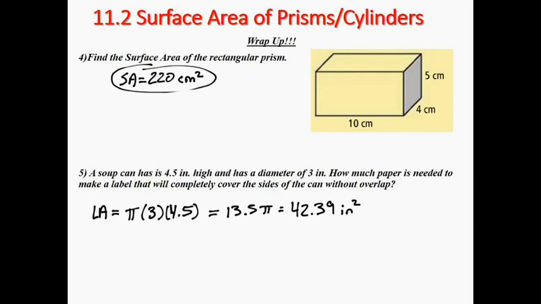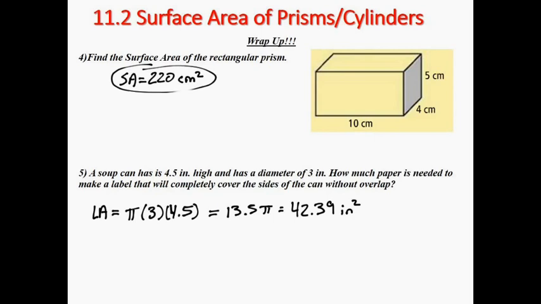But if you use the side rectangle of 4 by 5, your lateral area changes to 180 centimeters squared. Regardless of the method you used or whichever portion you used as your base, both approaches give you the same surface area of 220 centimeters squared.